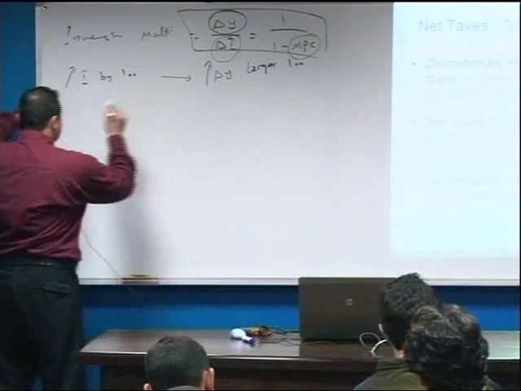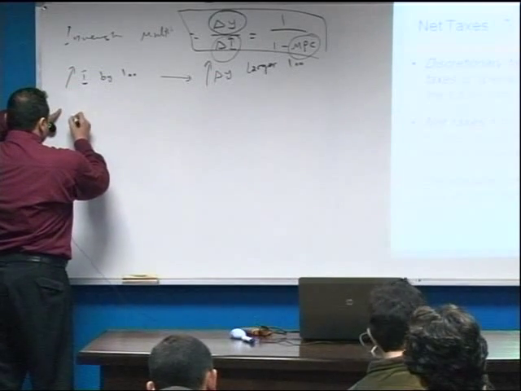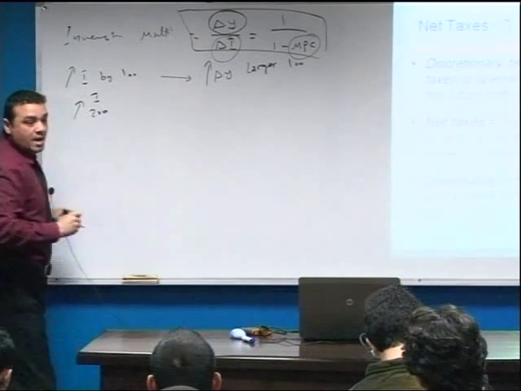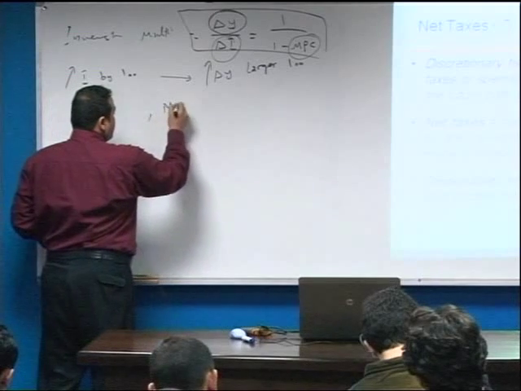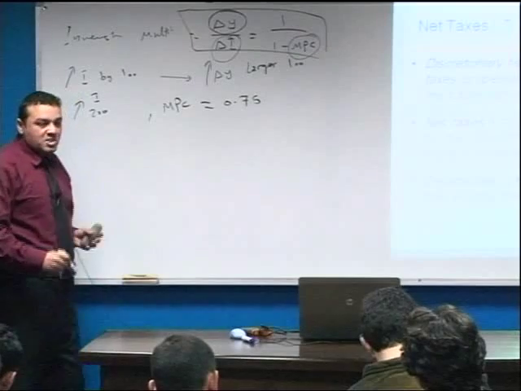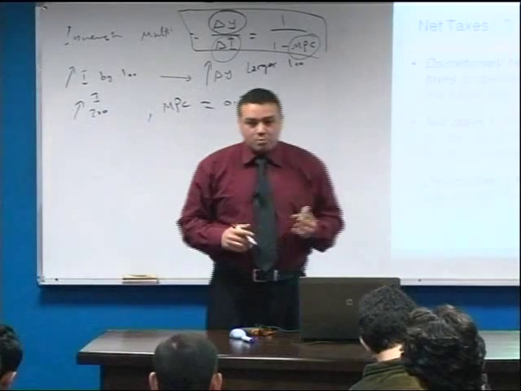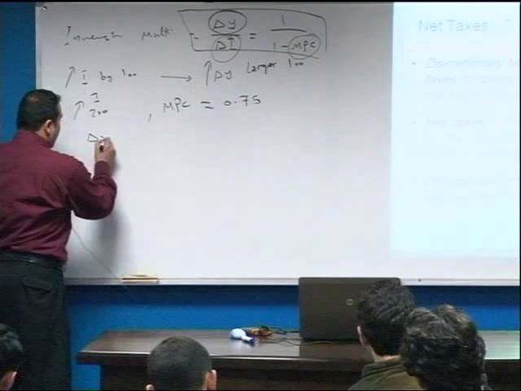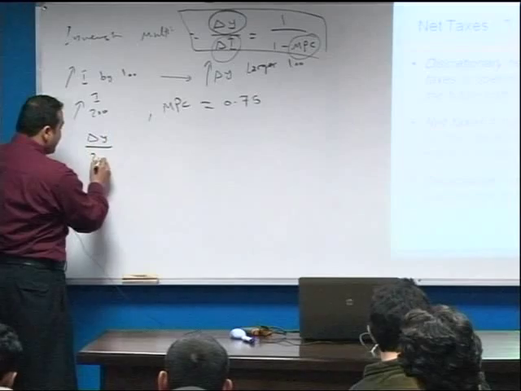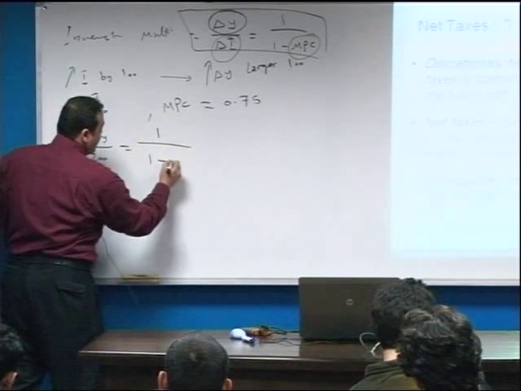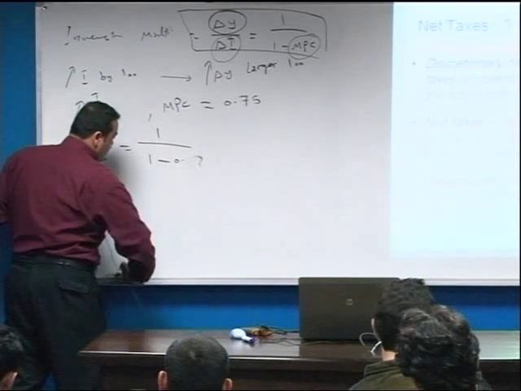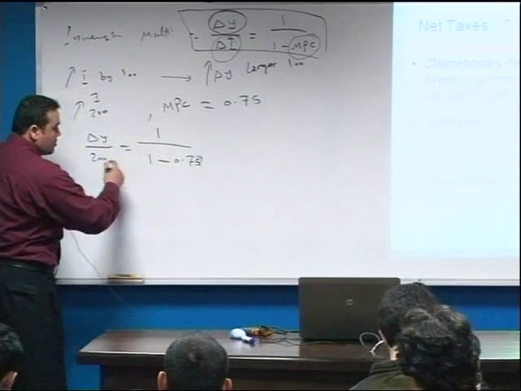Suppose the investment increased by $200 million, and suppose the MPC in this case equals 0.75. How much is the change in the aggregate output? Delta y over delta I, which is positive $200 million, equals 1 over 1 minus 0.75.